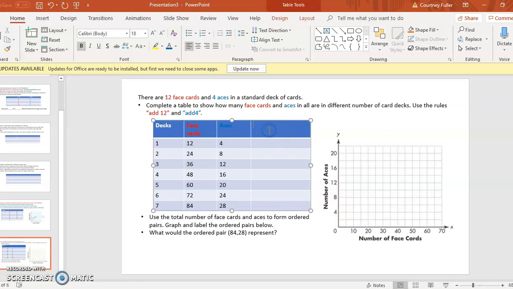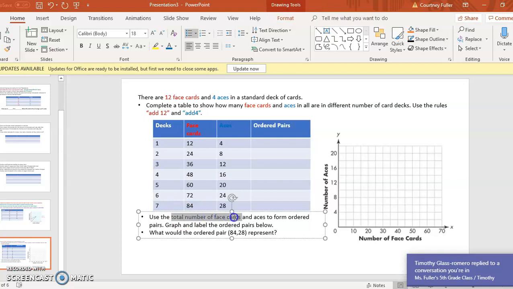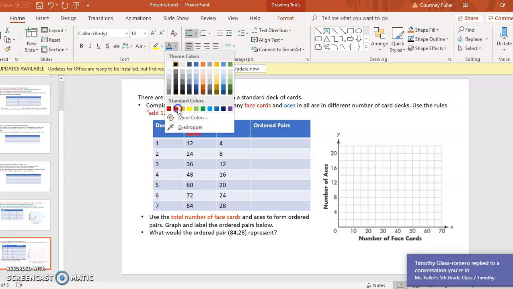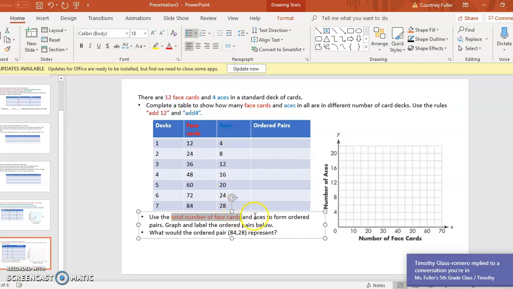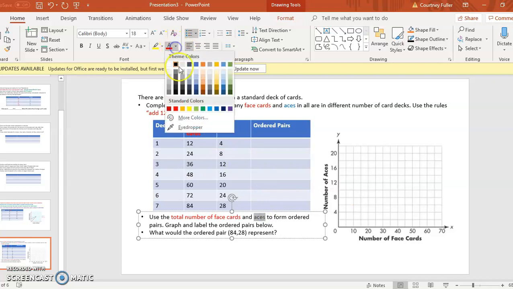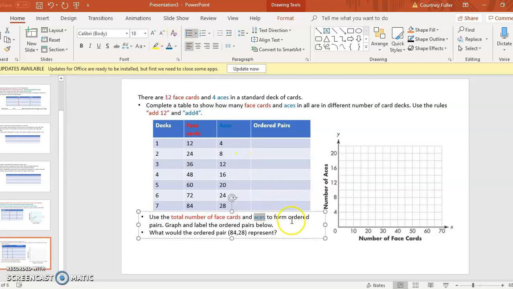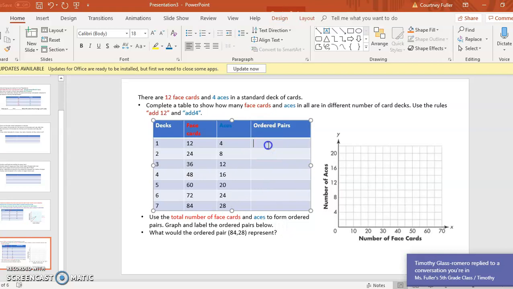Alright, so that is what this last column is for. This is where we are going to put our ordered pairs. Okay, so as it said in this bullet point, we are going to use the total number of face cards and the total number of aces to form ordered pairs.